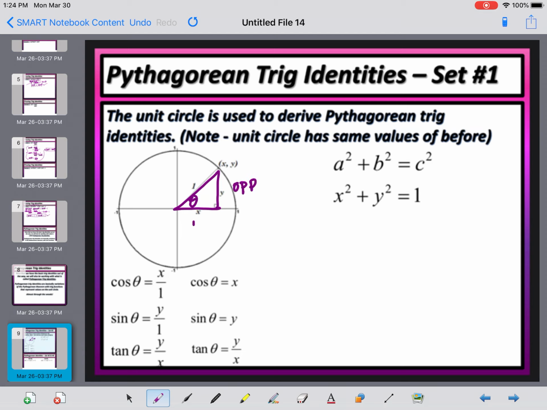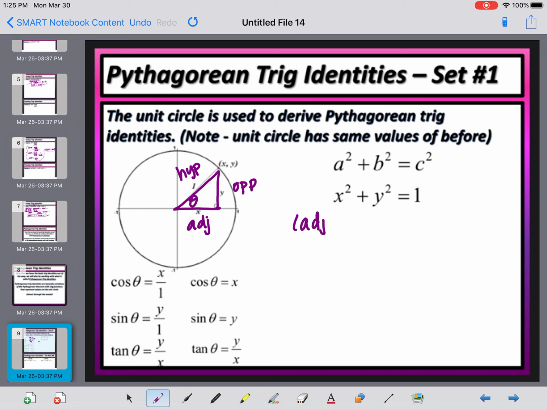And if this was my theta, this would be opposite, this would be adjacent, and this is hypotenuse. So what property would we use to find any of those missing side lengths? We would use Pythagorean theorem, which is a squared plus b squared equals c squared.